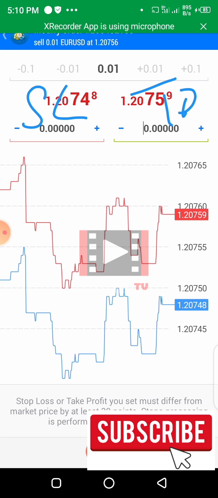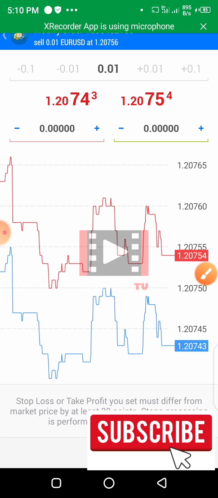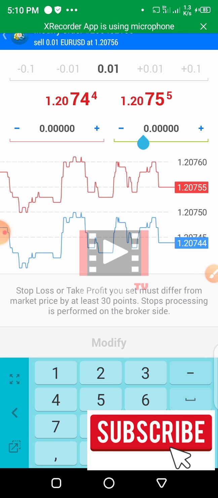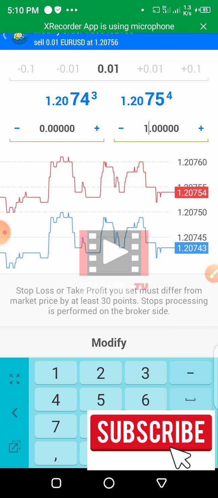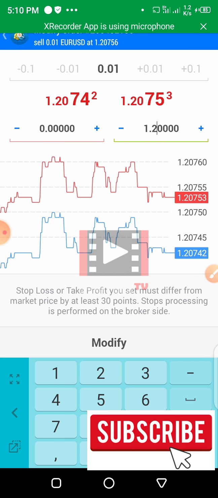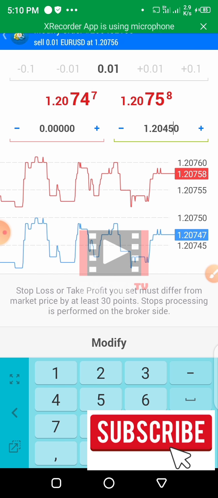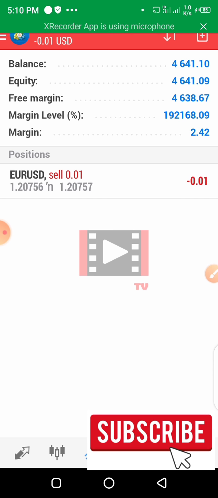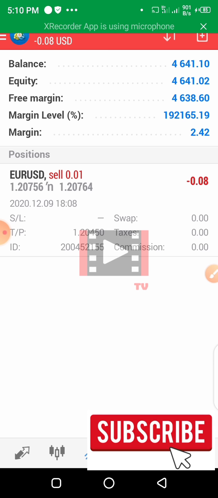We already have our answer, so you start typing 1.2045. Then you say modify. Once you click on modify, it has already been placed. Just check it. You can see the take profit here, 1.2045, and that is our calculation.